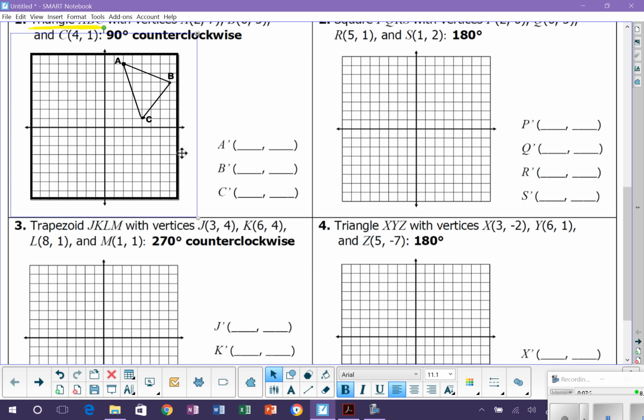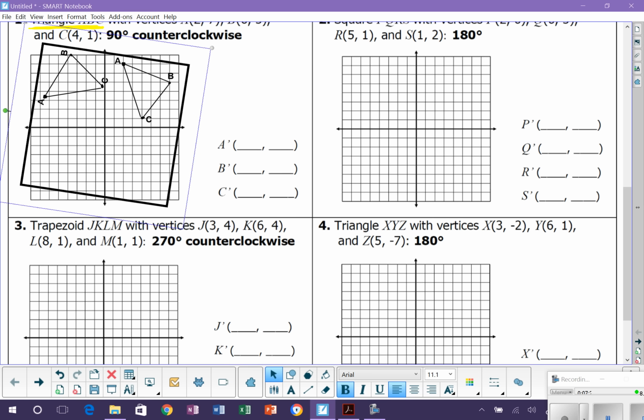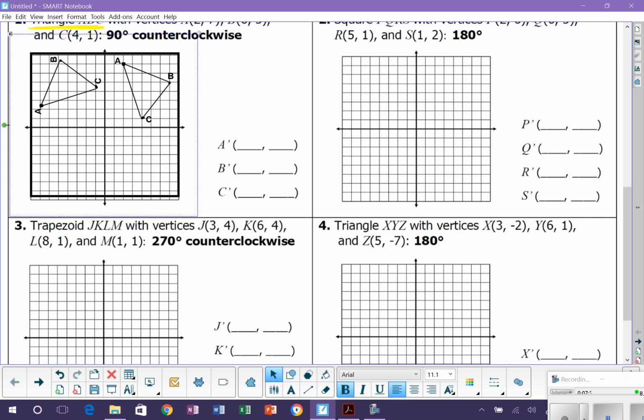So if I rotate counterclockwise, I have my new picture that goes right there.